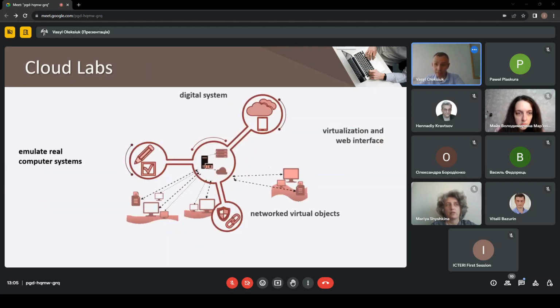We suggest using cloud labs to implement the blended learning approach. We understand this lab as a digital platform that uses virtualization and a web interface to create networked virtual objects that mirror real computer systems or networks.